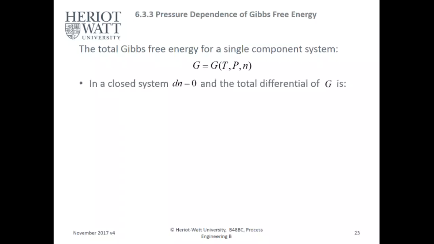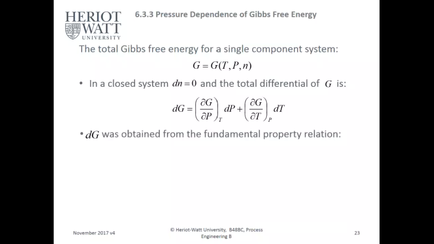So the total Gibbs free energy of a single component system is G equals G as a function of temperature, pressure, and N. In a closed system, dN, the change in the species, equals 0, so the total differential of G is dG equals the partial derivative of G with respect to P at constant T times dP plus the partial derivative of G with respect to T at constant pressure times dT.